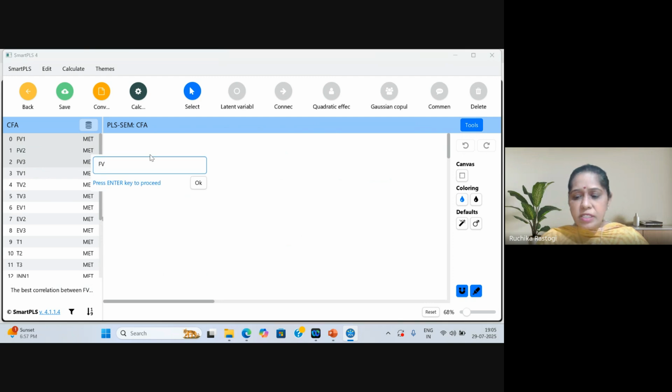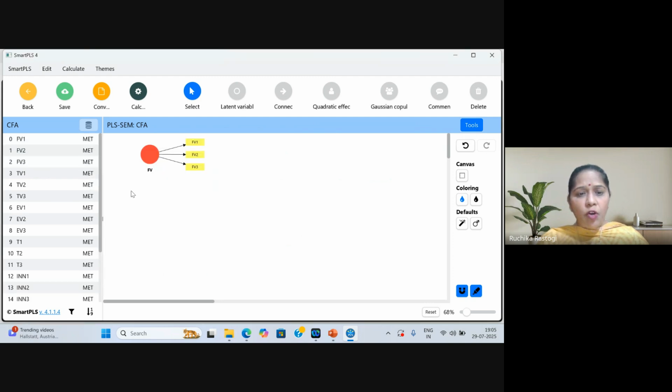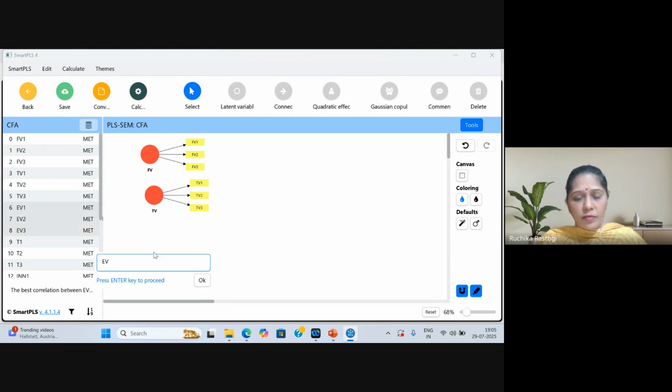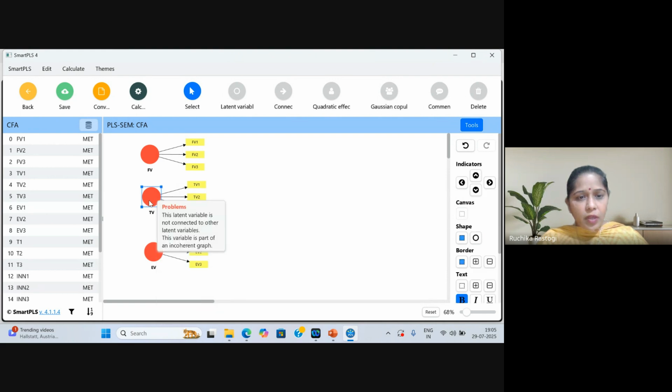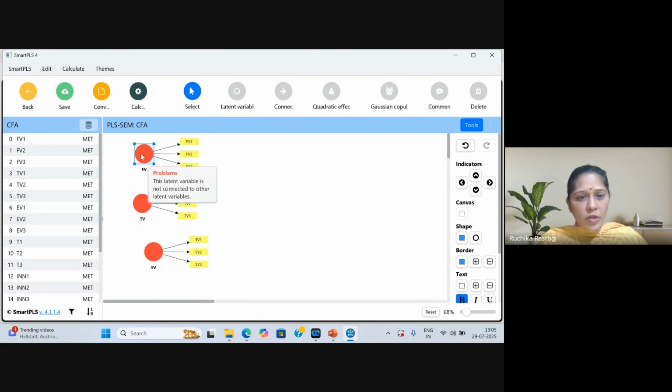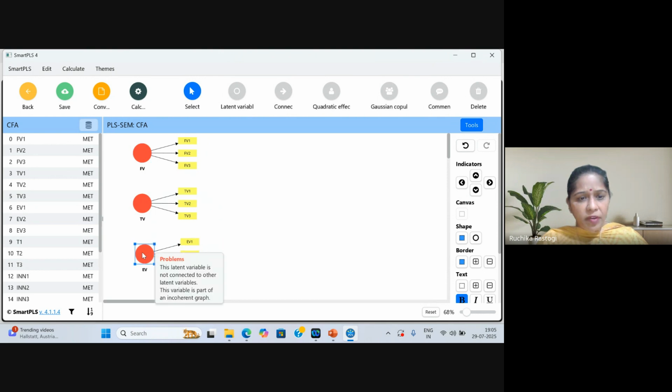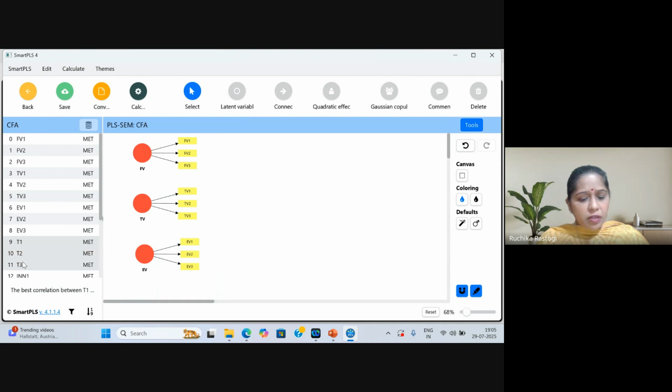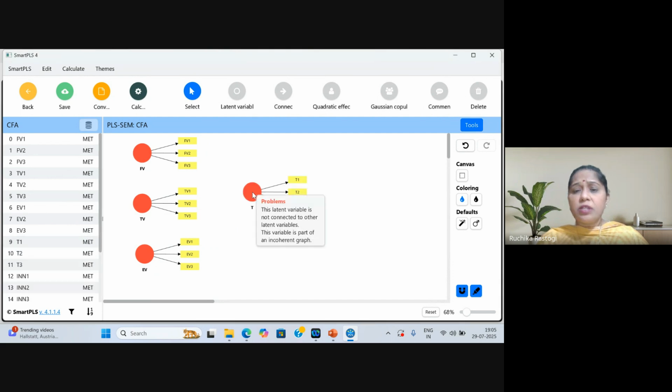And I have discussed the model on screen also with you, that we have 3 independent variables: functional value, traditional value, and emotional value. Then we have trust. All 3 independent variables are leading to trust.